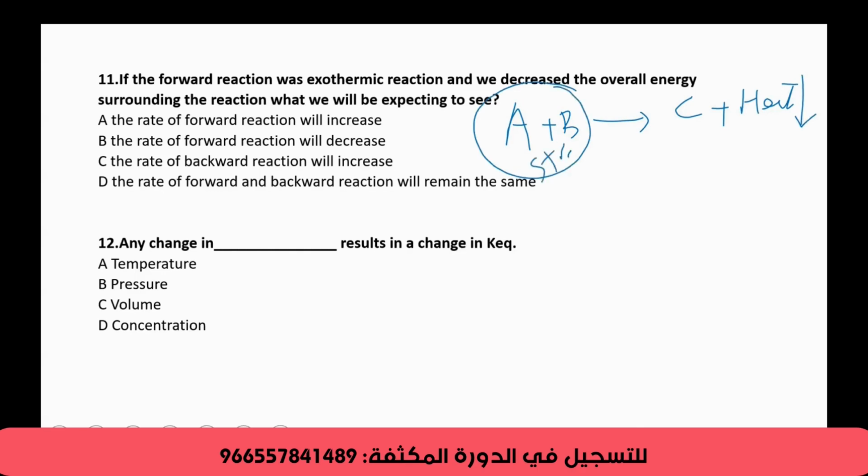What will the system do to relieve the stress? Now, is it clear? The forward reaction will increase? Yes. Consequently, the reaction will go to the right and the product will be added more. Any change in dash results in change in chemical equilibrium. We said the factor that is affecting equilibrium constant is, very good, again and again, temperature.